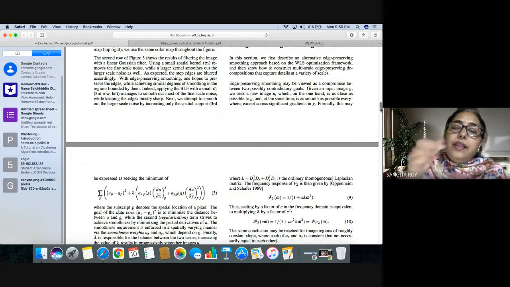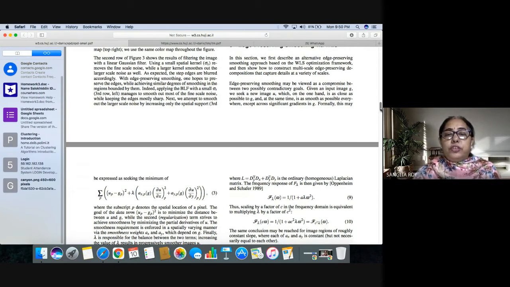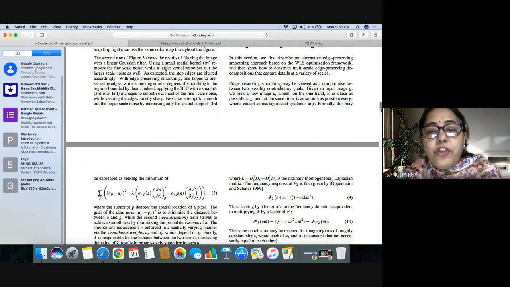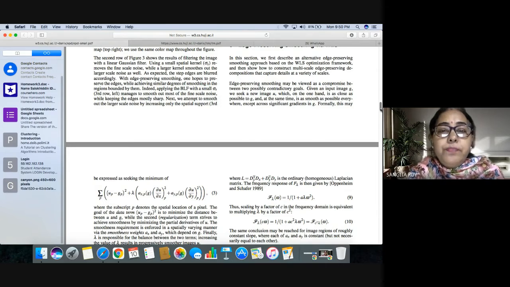So p here indicates the pixel position. It will change from point to point depending on whether it is an edge or not, whether there is a very slowly changing pixel or very sharply changing pixels.